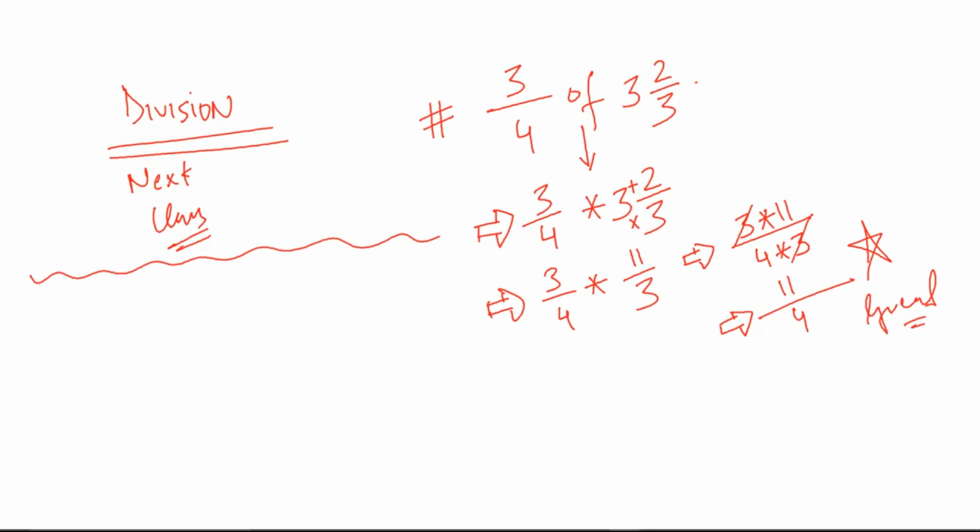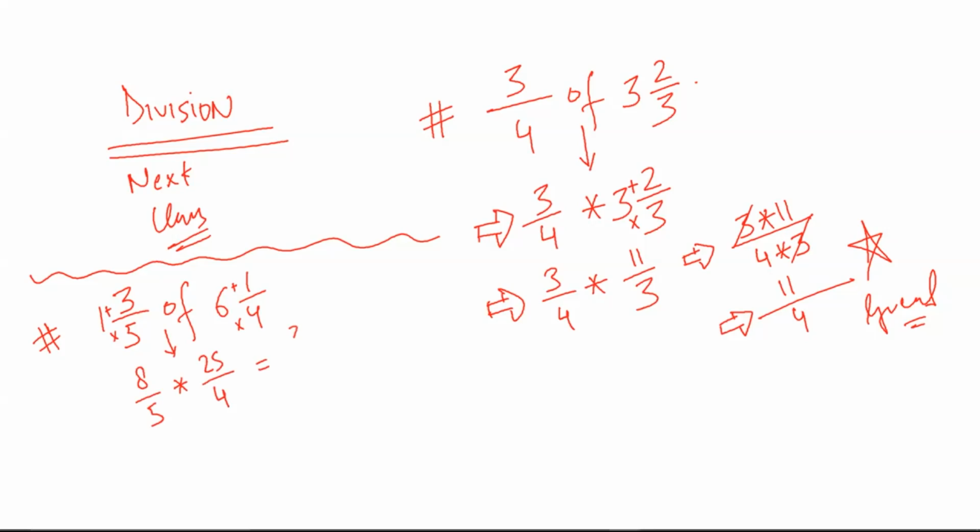So for example, I have to find 1 3 by 5 of 6 1 by 4. Can you do this? Mr. Sarthak, would you be able to do it? Yes, sir. Yeah, do it. Okay, Mr. Sarthak. So 1 3 by 5, I can write this as 8 by 5, of will become multiplied. 6 1 by 4 would be 24 plus 1, 25 by 4.